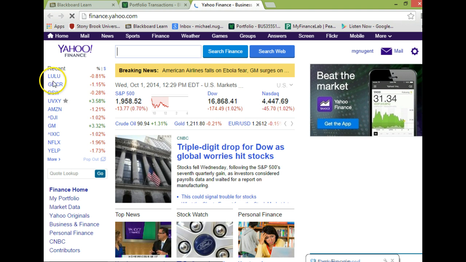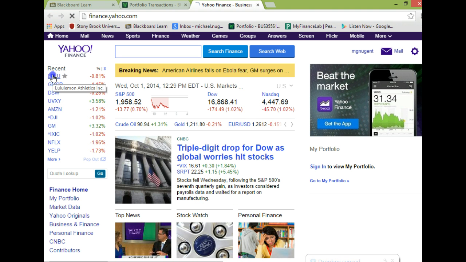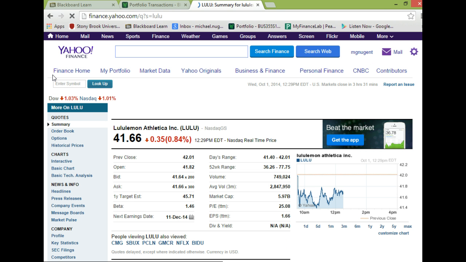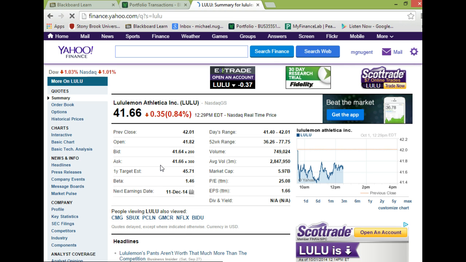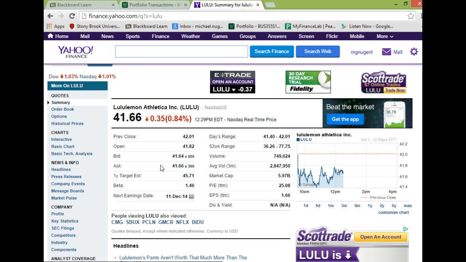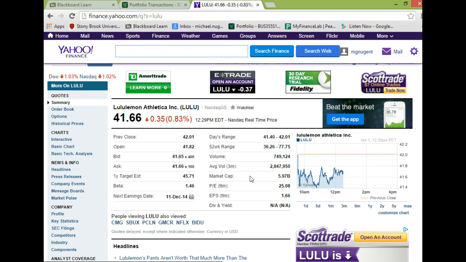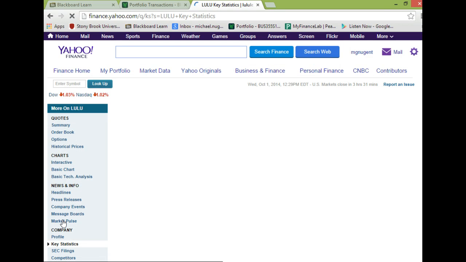And here's a stock we were talking about in the previous class. The yoga apparel maker, symbol Lulu. The market cap is about $6 billion, and it has a P/E multiple of 25. So this seems like a stock that's going to have a higher beta than 1.